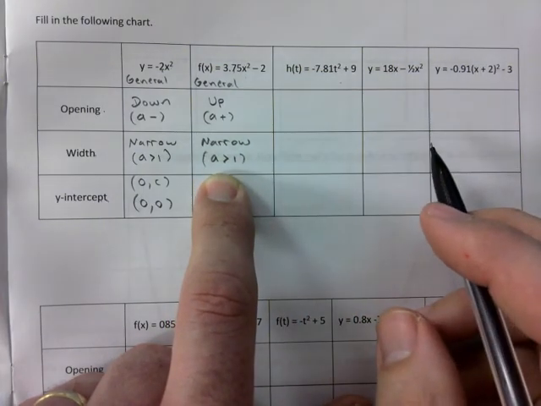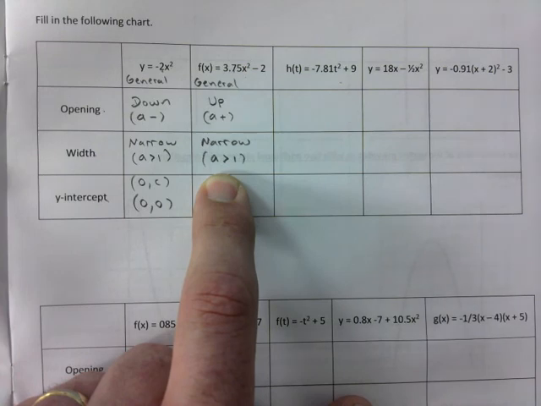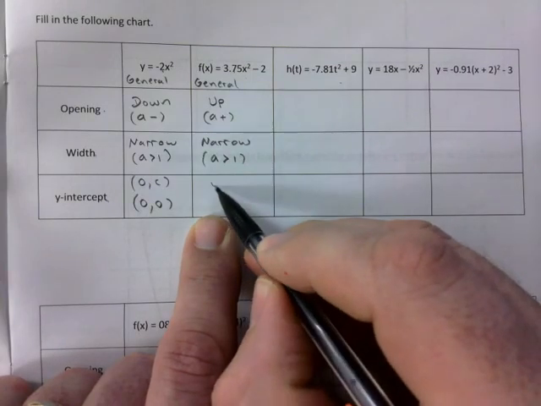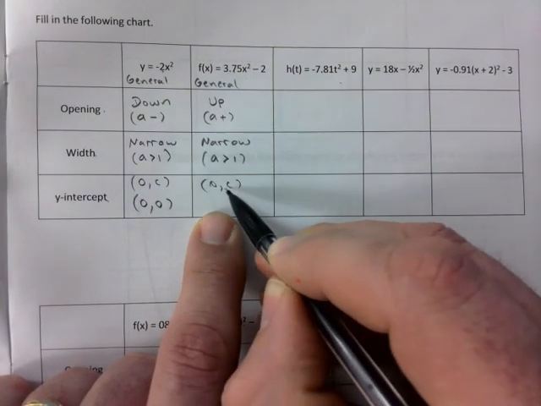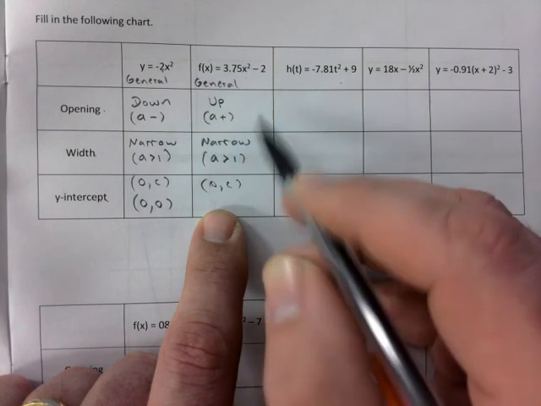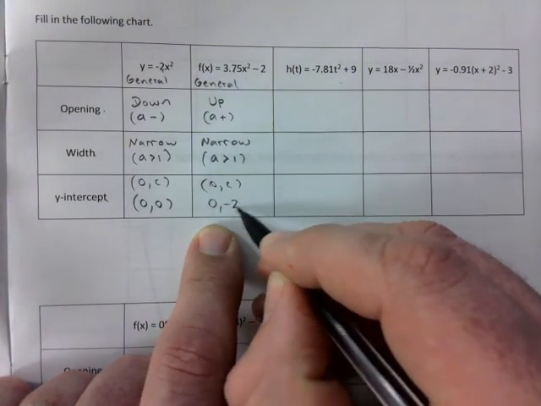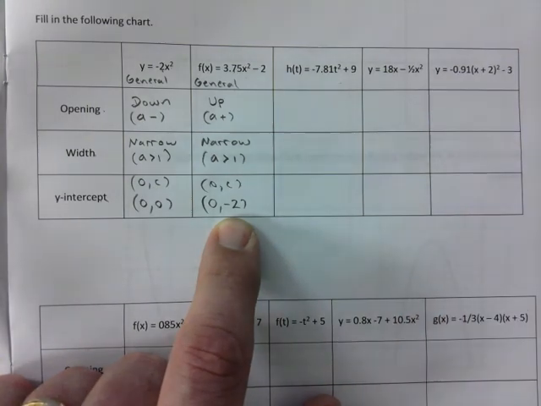That's my explanation for it. Normally you'll just write down narrow, I won't ask you to do this. And C is my y-intercept, and in this case that constant is -2. So you just type that in, right from the equation, no calculator at all so far.